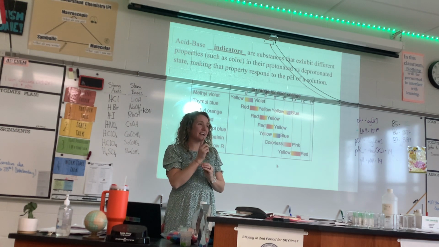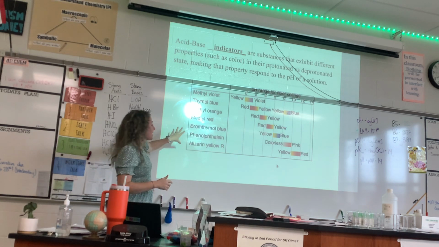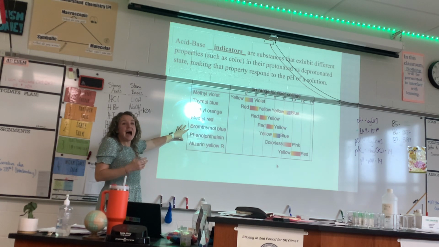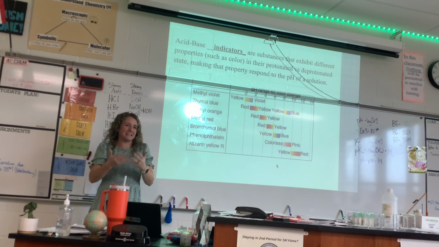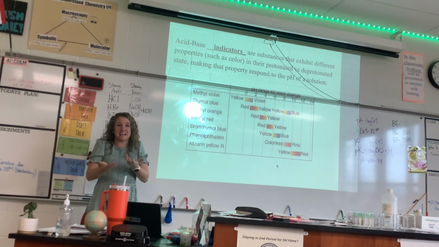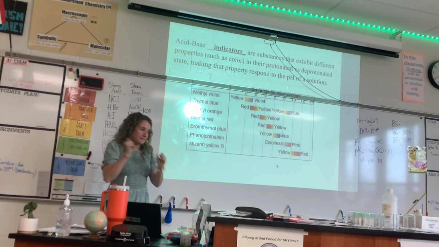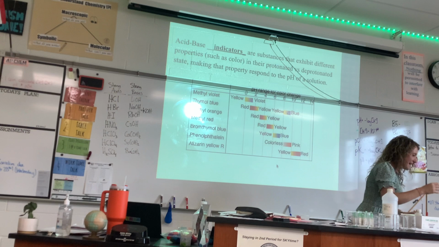The thing to not get deceived by is there are, I don't even know how many indicators in the world, and they can be a rainbow of colors for the same pH. So it's helpful, but you have to know what particular indicator you're working with, because that changes what it does.